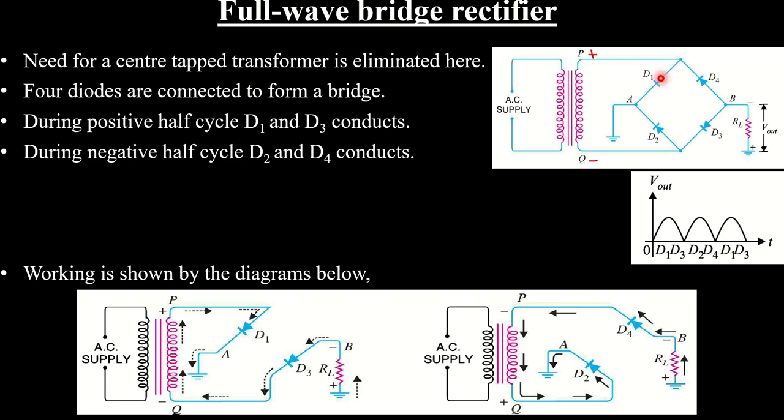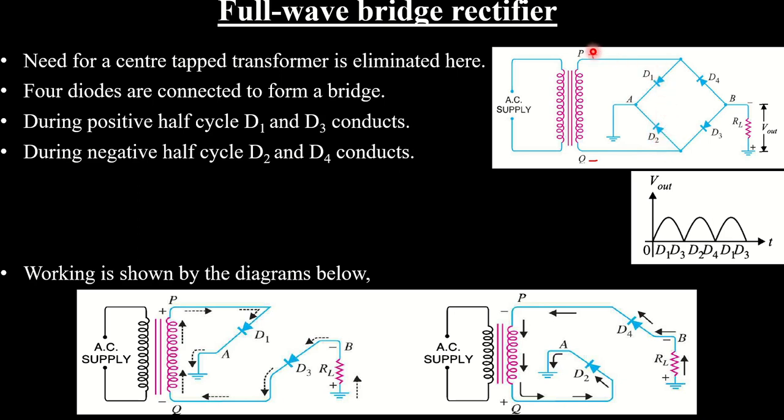But this D1 is forward biased, so it starts to conduct, and the current flows from A to B through the load resistance, and at B this current flows through D3 and it is forward biased. When it reaches A, this diode D2 is reverse biased.